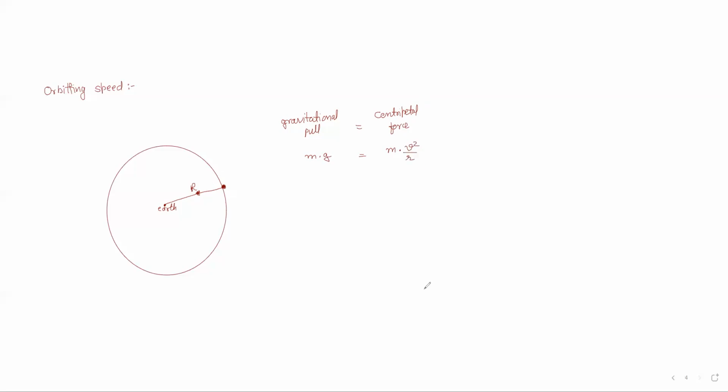So with this, we can find that the orbiting speed can be calculated as the root of rg, which gives us a direct hint that the orbiting speed is directly proportional to the square root of radius and the acceleration due to gravity.